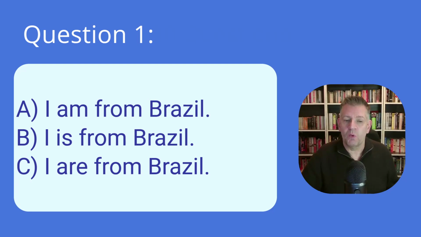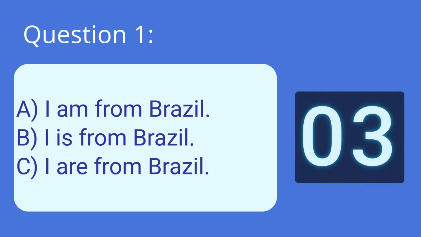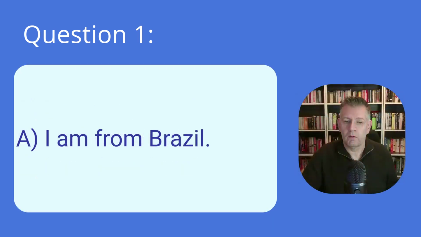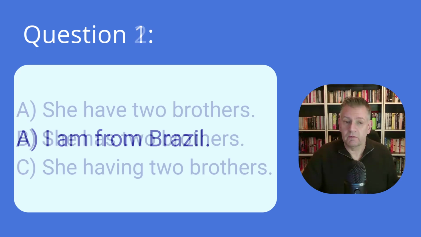Okay, question 1. Which one of these is correct English? I am from Brazil, I is from Brazil, or I are from Brazil. Write down your answer. Right, 1, either A, B, or C. The answer is A, I am from Brazil.